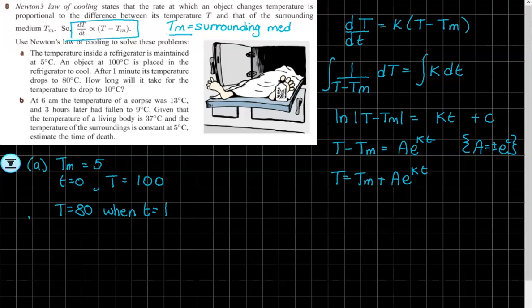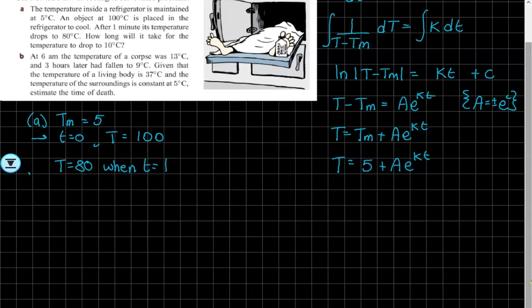And we can use all of this information to help us find, so I can even refine that and say that T is 5 plus A e to the kt, but we want to find A. It would be handy, wouldn't it? When we've got the A and we've also got this k up here, we should have seen by now, if we want to solve that easily, always look for when time is 0, because k times 0 ends up with nothing, and e to the 0 is 1.